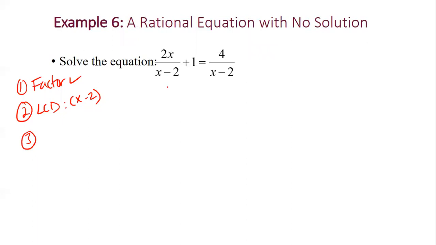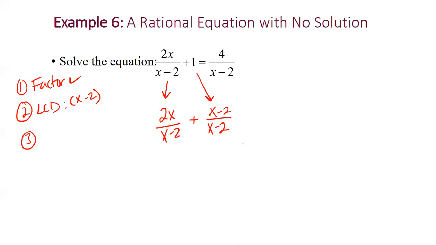Step 3, I'm going to multiply so that my LCD is in all of my denominators. Well, this one's good to go, right? X minus 2 is there. This one is not. So the plus 1 is going to have to become x minus 2 over x minus 2.